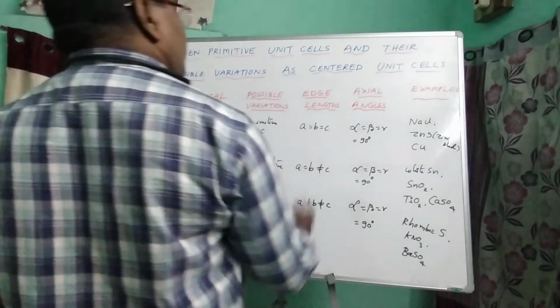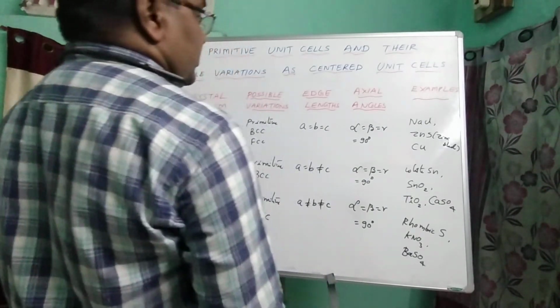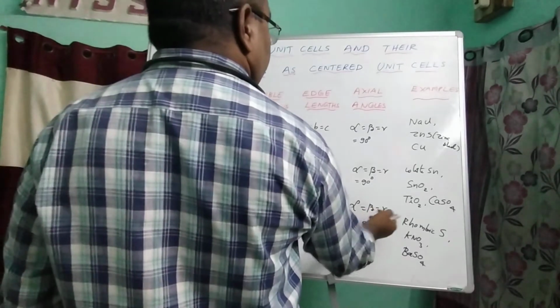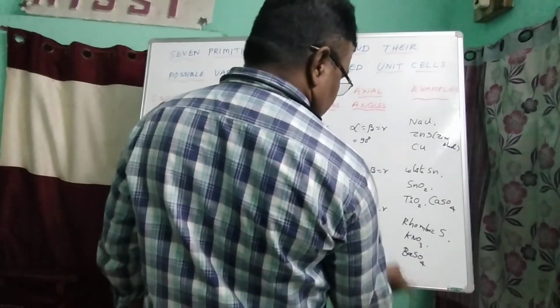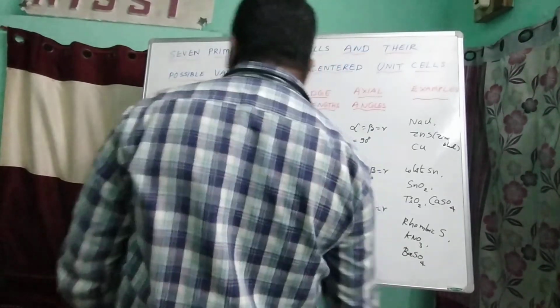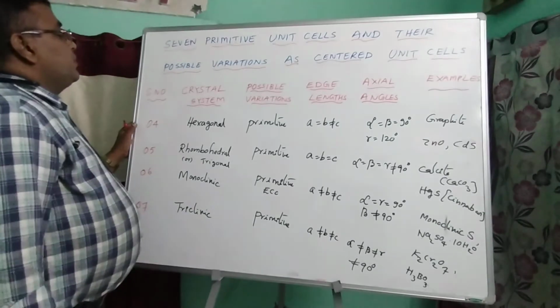Here edge lengths are a not equal to b, b not equal to c. Axial angles: alpha = beta = gamma = 90 degrees. Examples: rhombic sulfur, potassium nitrate, barium sulfate.